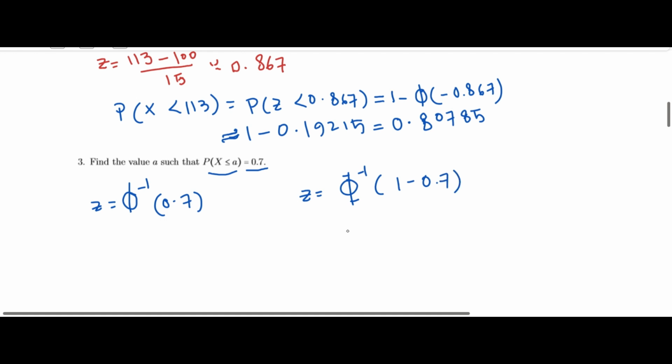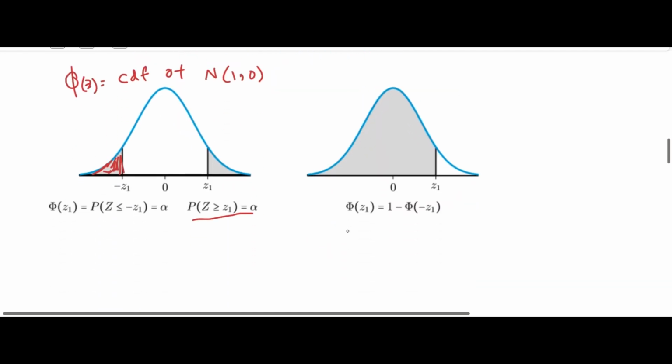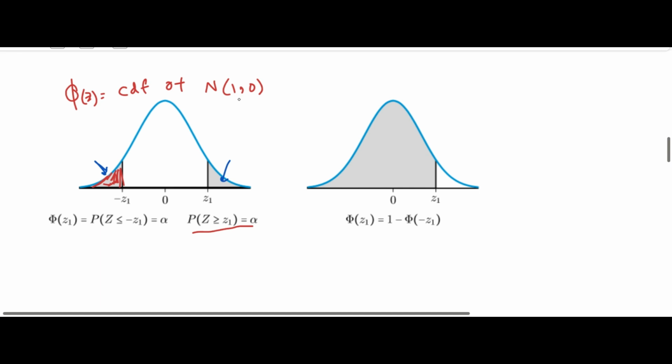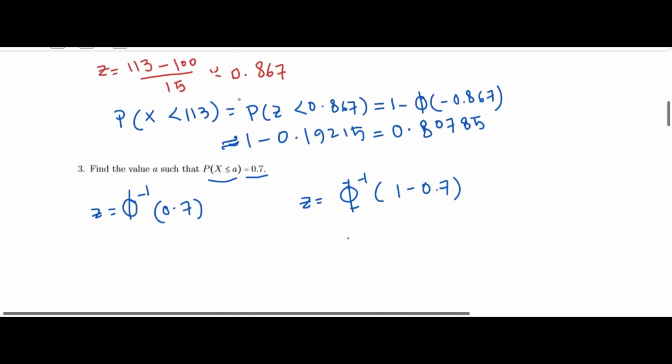Why? Because this is going to give me that little tail value right here, and if I subtract from 1, I get the value that I want. You have to remember this z value is going to be negative, but the z value that you want is positive.